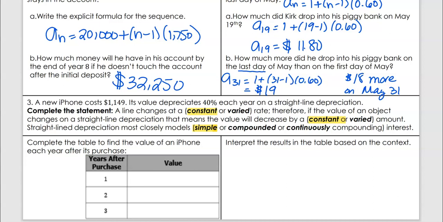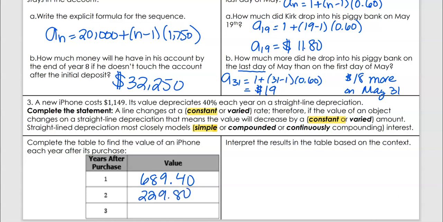Okay, if you take that away from our initial value, how much is it worth after 1 year? $689.40. What happens after the second year? Okay, what is it after year 2? I'm getting to that. 229.80.